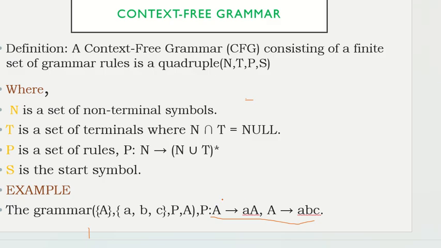This means we can replace non-terminal A with a terminal and non-terminal, and this is the final step. When you stop, you end A with a, b, c.